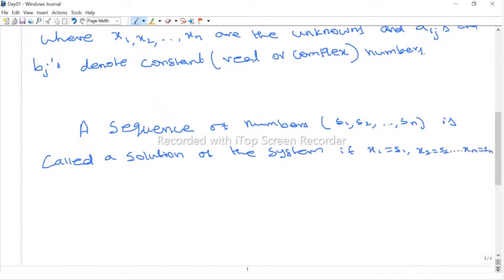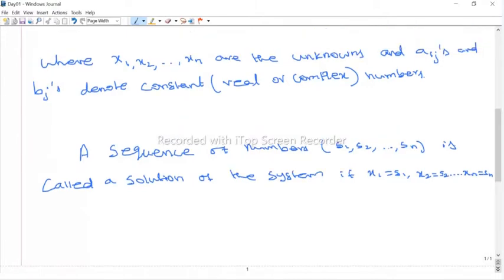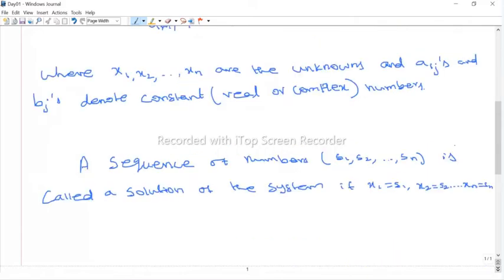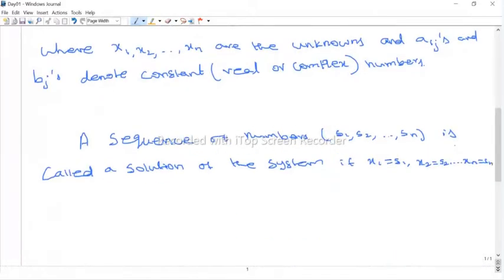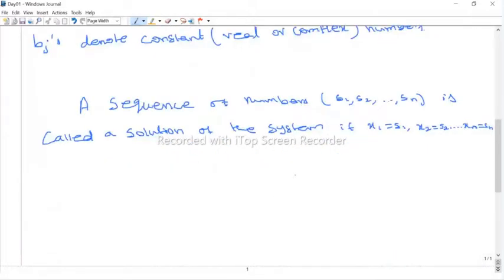That means if we substitute these values, all the equations are satisfied. Then we say the n-tuple is a solution: it satisfies each equation of the system simultaneously.